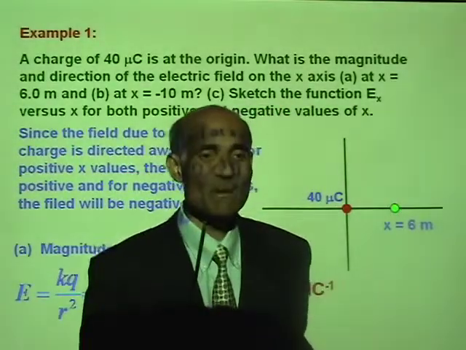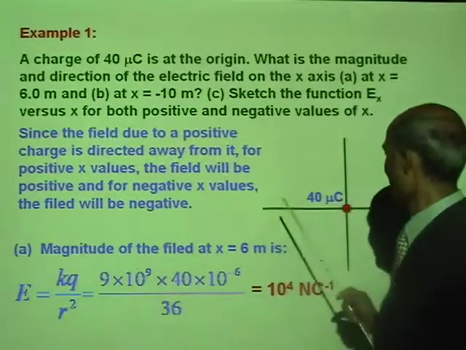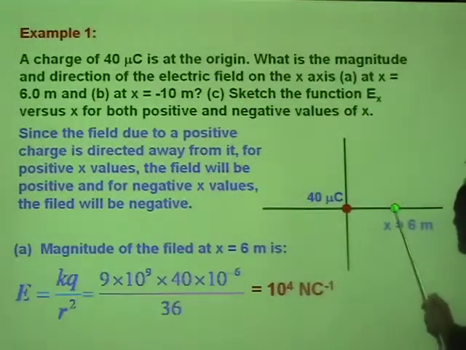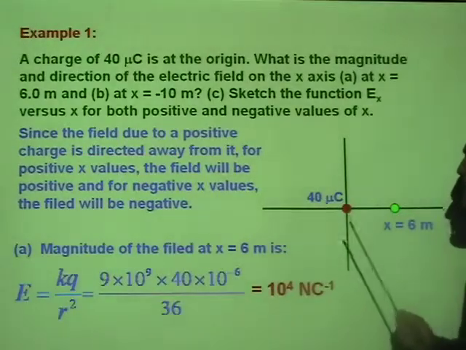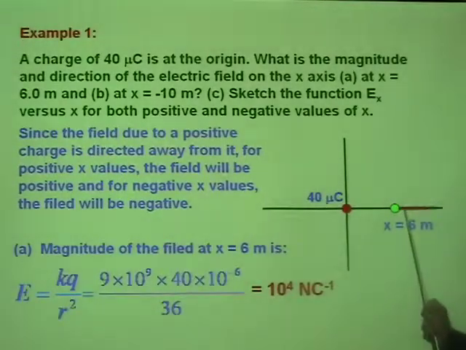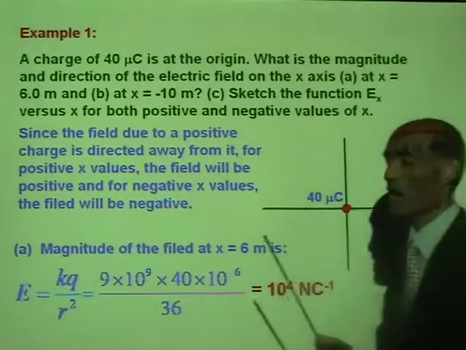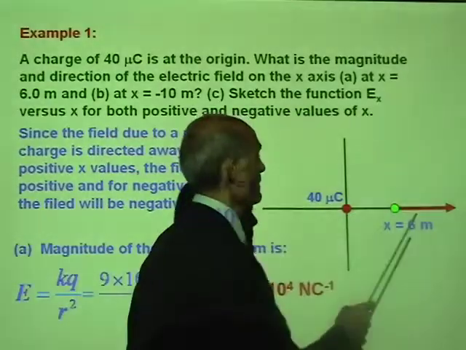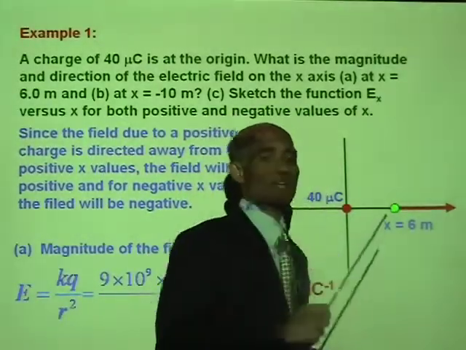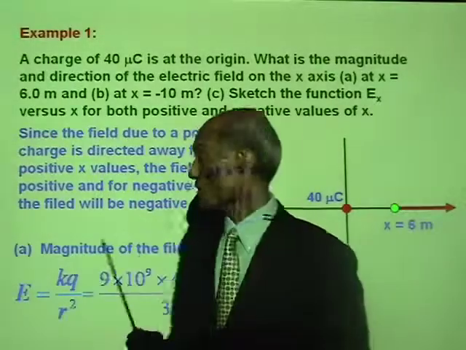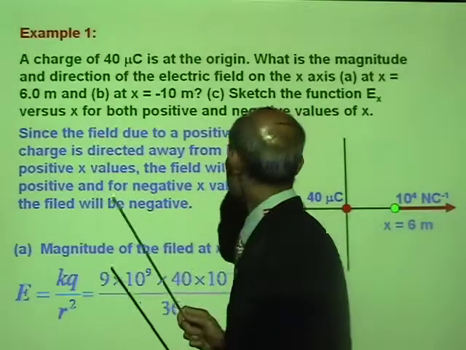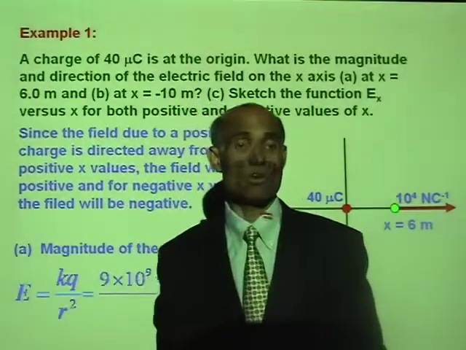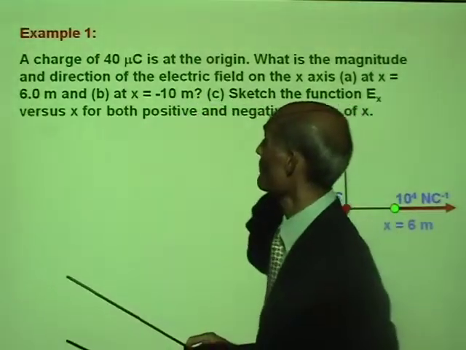Tell me, what is the direction of the electric field at this point due to this charge? That's a positive charge, so this will be directed in the positive x direction, and its value is 10 to the power of 4 Newton per coulomb.